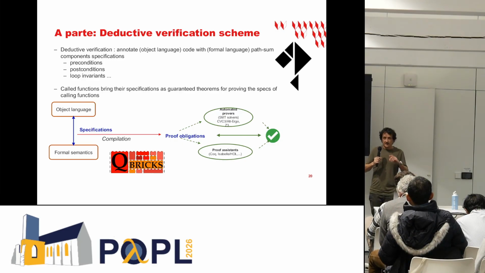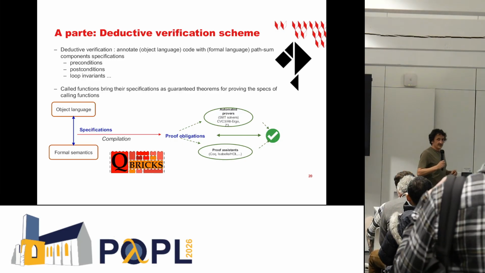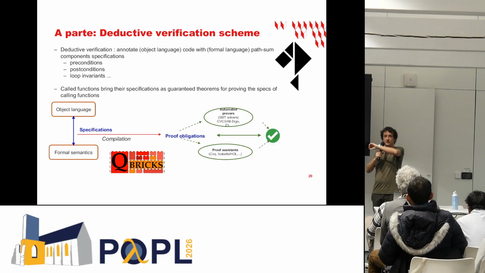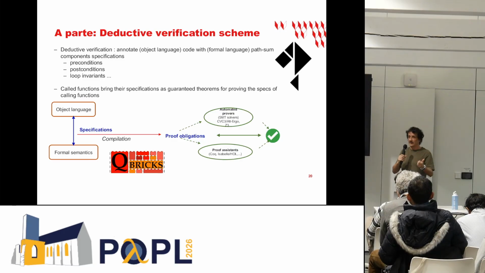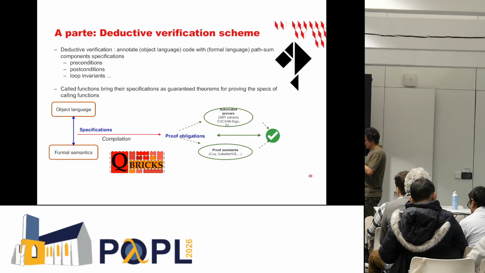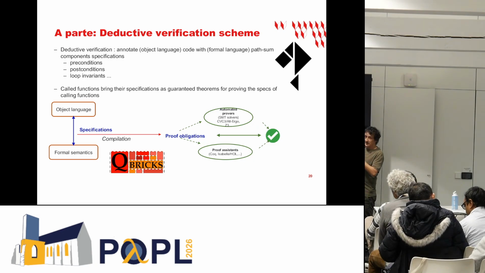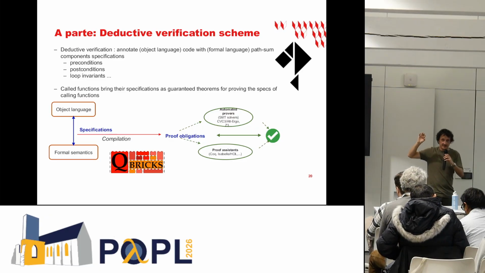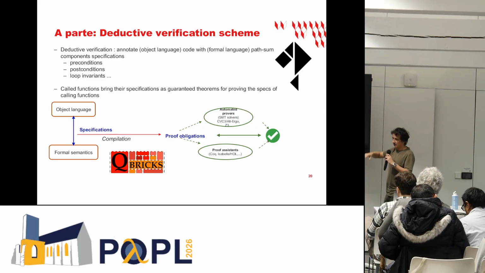A little aparté on the formal verification technique that I'm using. It's called deductive verification. Basically, we can write some object language code and explicitly annotate it with some precondition, postcondition, loop invariants, and so on. And I'm working embedded into a tool called Why3, that has the particularity and the advantage that when we compile this decorated code, it raises some proof obligations to discharge.